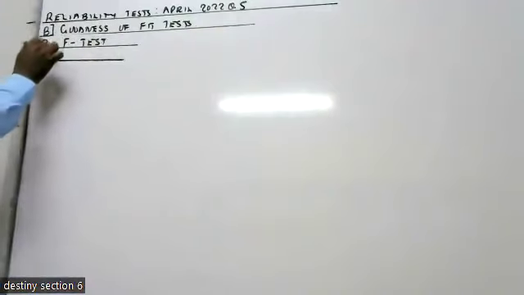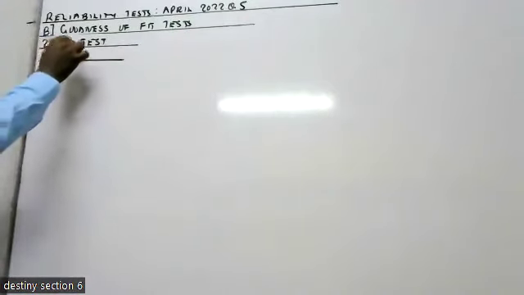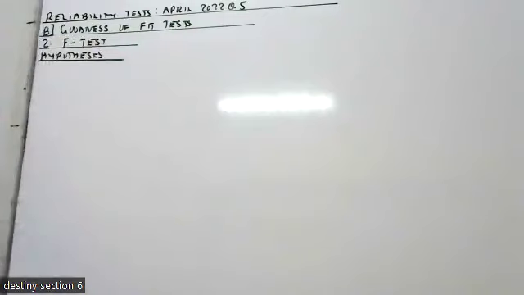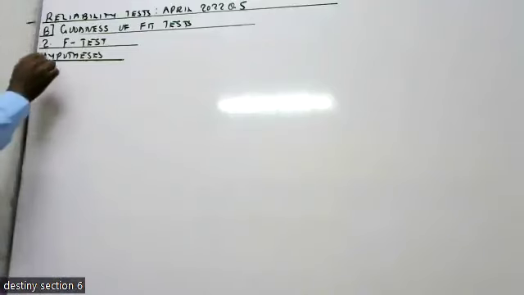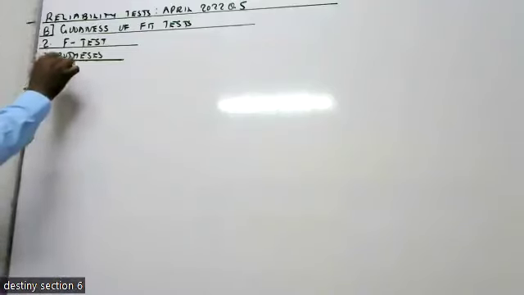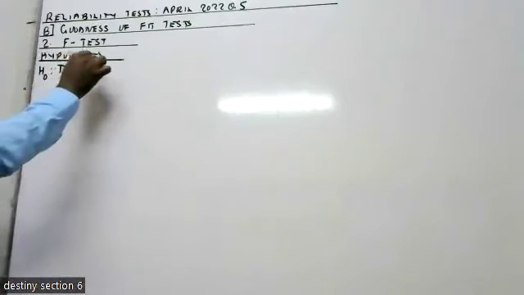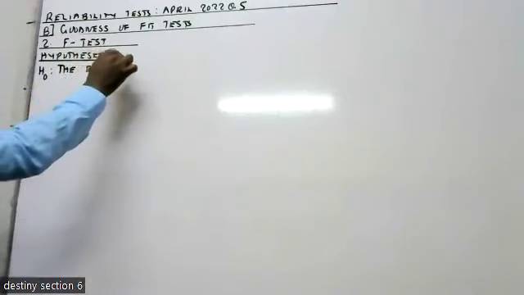So in this one, we develop the hypothesis like this. In the null, which we said we deny, you simply say the relationship is not significant.